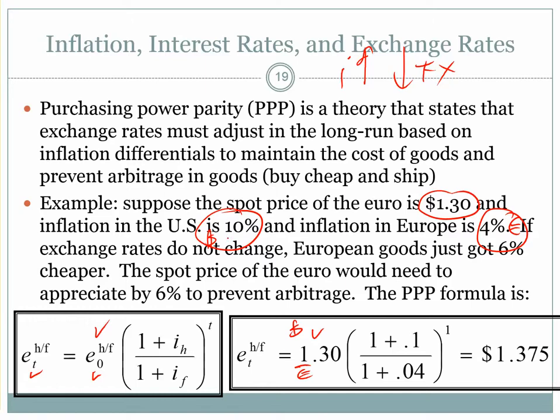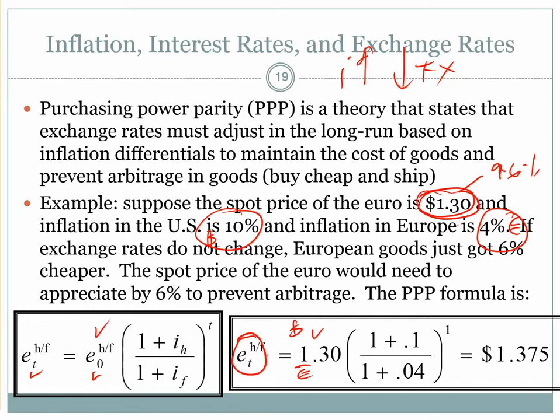So over the next year, the euro is going to have 6% lower inflation, or the US is going to have 6% higher inflation. An approximation of what's going to happen is that the euro is going to go up by about 6%. 6% of $1.30 is about 7 cents. I'd expect this to go up to about $1.37. But this is a precise equation for doing that.